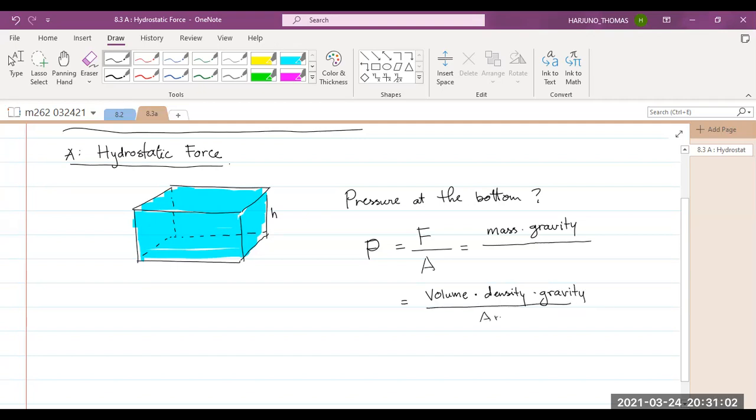So far, are you okay? So force is basically the mass times gravity. The mass is volume times the density of the liquid or the fluid you use. And to go even further, volume in this case is basically the area times the height. Right? It's a box. Times density times gravity over area.